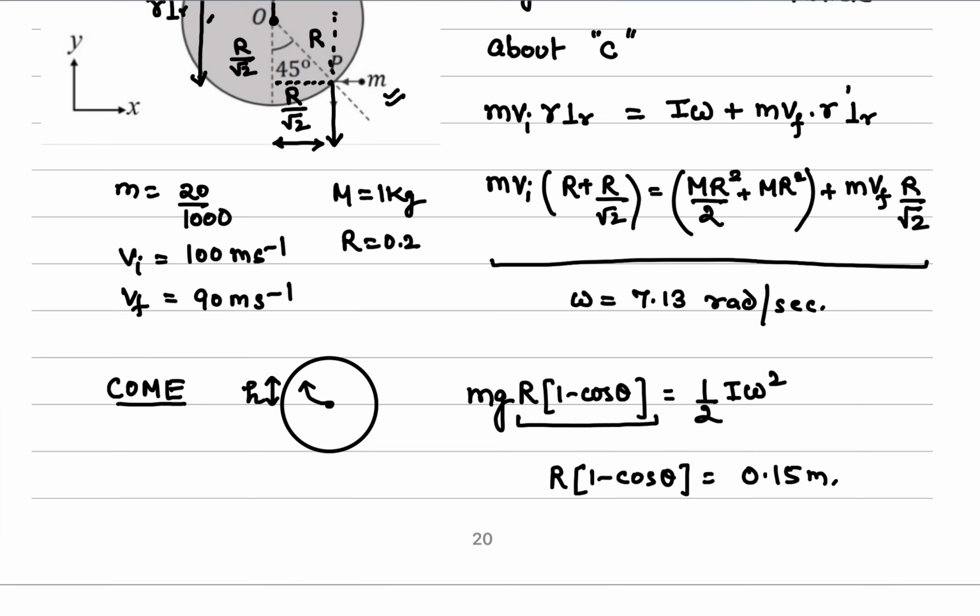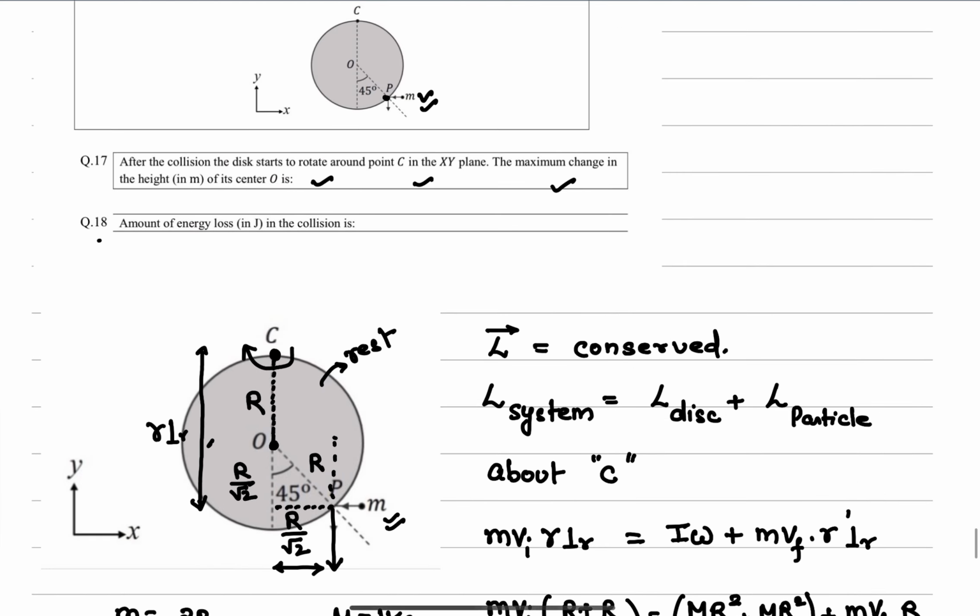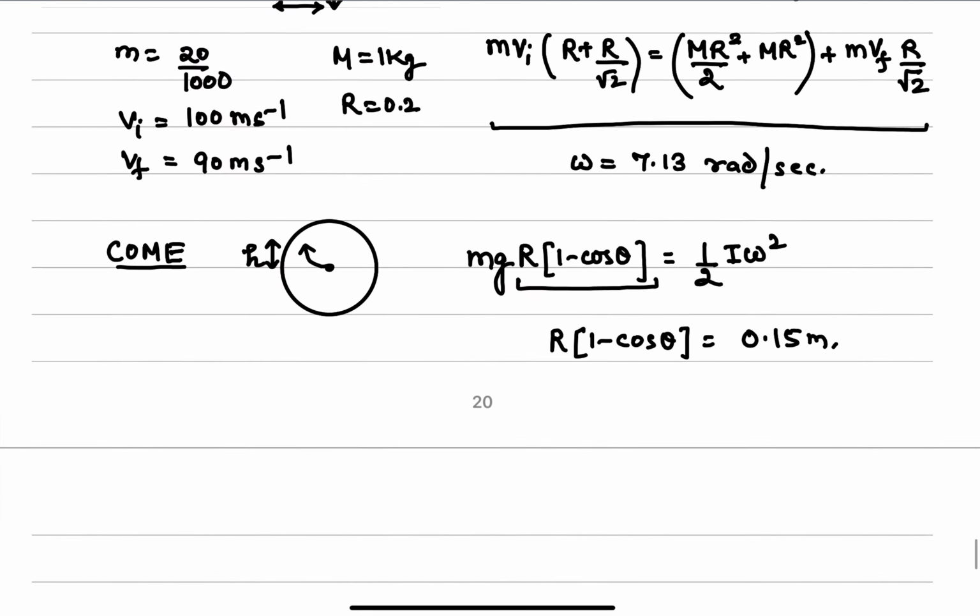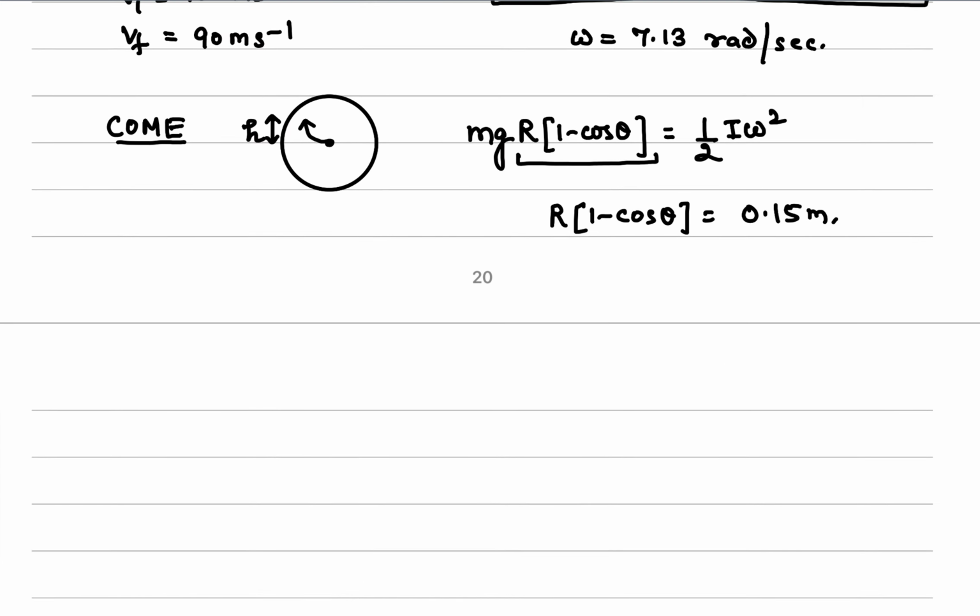Now, the second question that has been asked is the amount of energy loss in collision. We can write the kinetic energy loss as initial kinetic energy minus final kinetic energy.